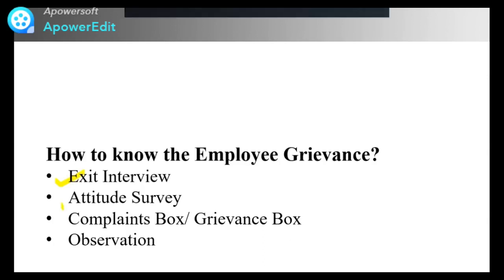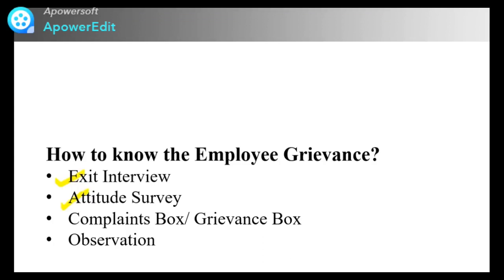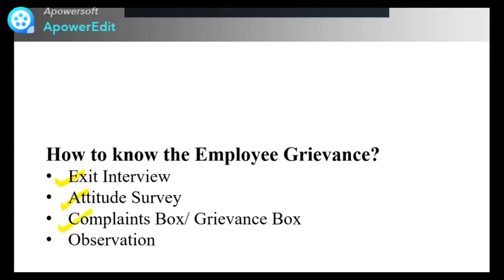Then, using the existing workers, we can do an attitude survey. Through the attitude survey, we can find employee grievances. Then most of the time, we can find some companies practicing a complaint box or grievance box. Grievance boxes or complaint boxes are installed in several places.